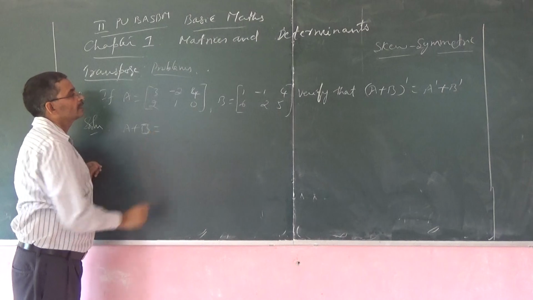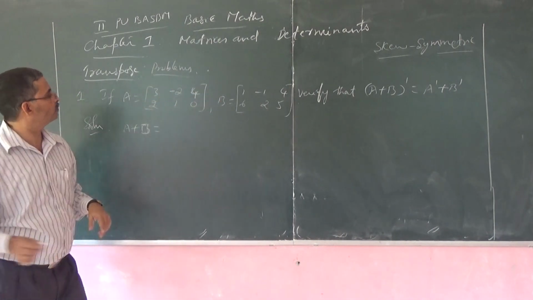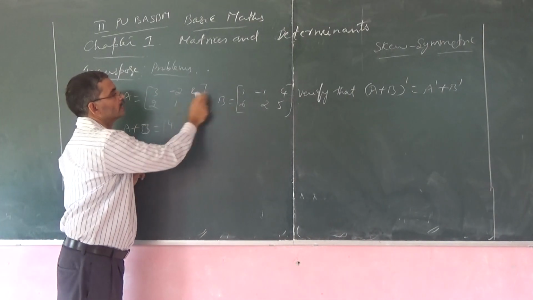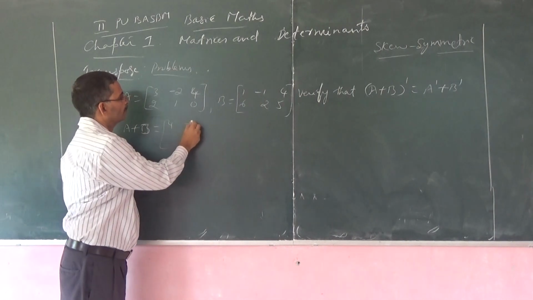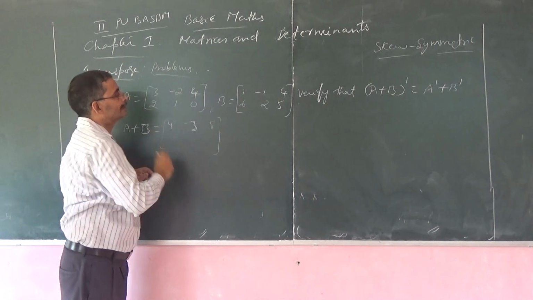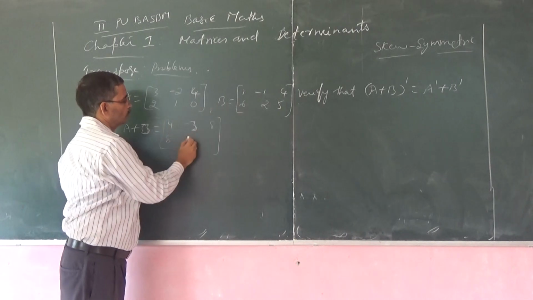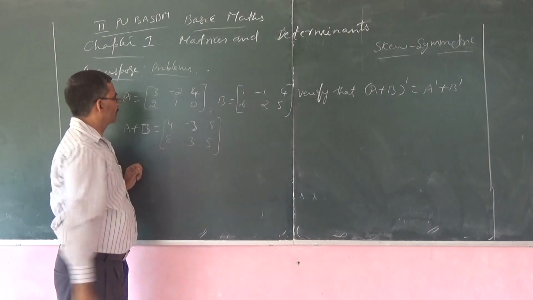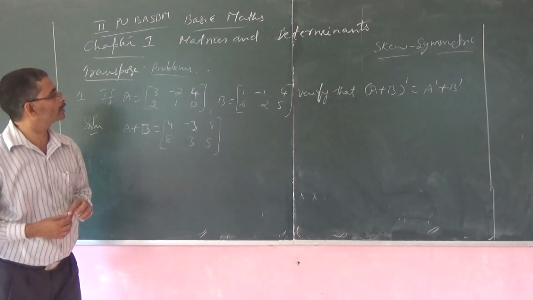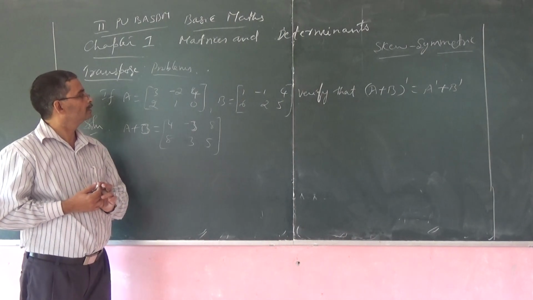Adding means corresponding elements are added. 3 plus 1 is 4. Minus 2 plus minus 1 is minus 3. 4 plus 4 is 8. Next, 2 plus 6 is 8. 1 plus 2 is 3. 0 plus 5 is 5.